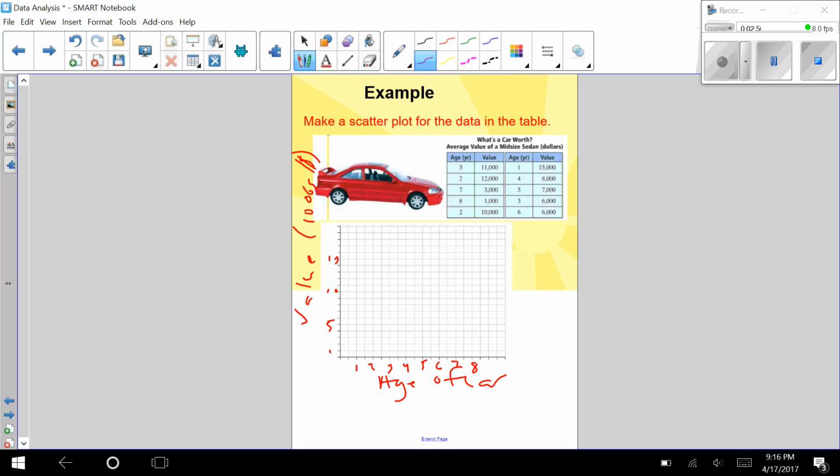We have 3, 11,000. So 3, 11,000 right there. 2, 12,000 right about there. 7, 3,000 right there. 8, 1,000. Oh, that's a low one. 1 point there. 2, 10,000. 1, 15,000.